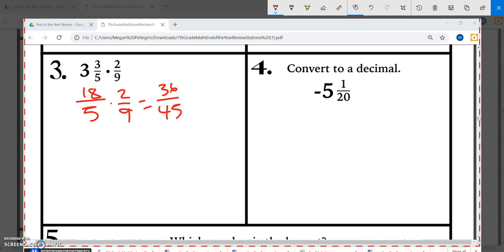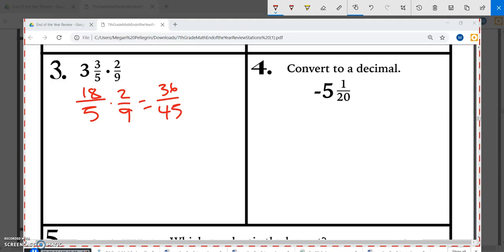So I don't have the same answer, so I'm just re-looking over my work. Oh wait, no, I'm looking at the wrong one. Rational numbers, where's that? Rational numbers, yes. Okay, I don't have the same answer because I do need to simplify it.